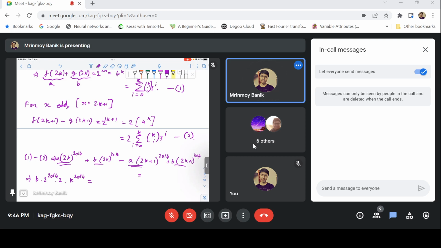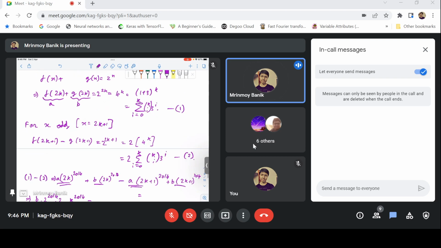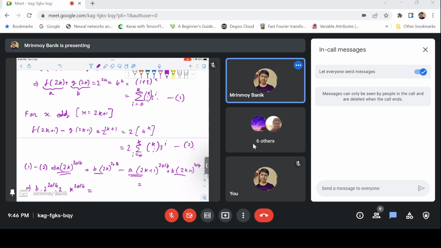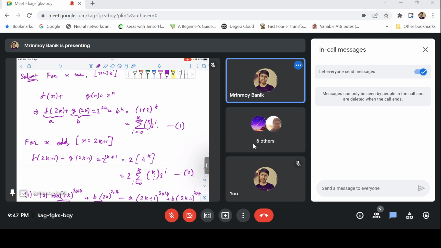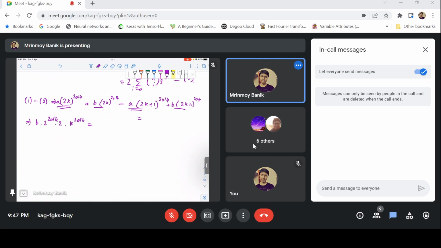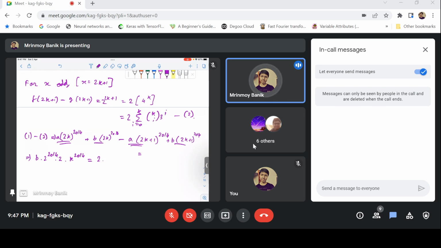On the right we have, so basically, 2 times 3 to the power i.